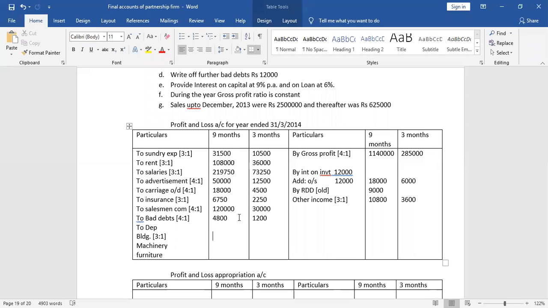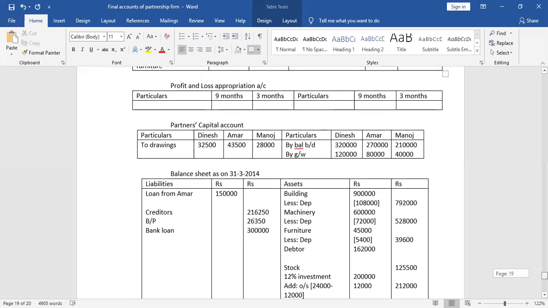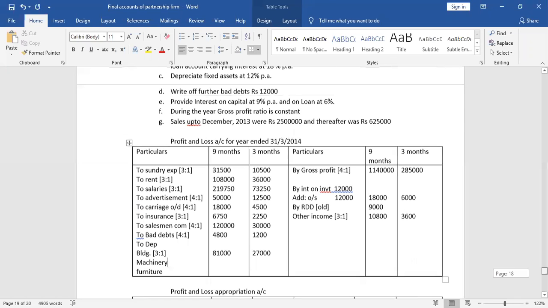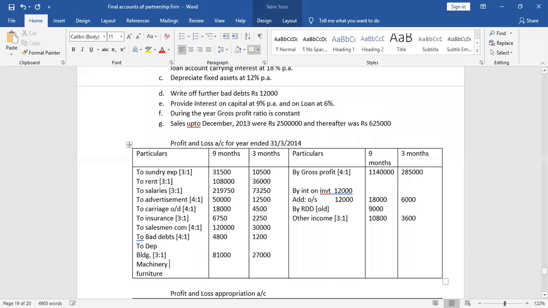How much you will get? 81,000 and 27,000. Same way machinery का depreciation is 72,000. So 72,000 को भी यही रेशो में डिवाइड करो.